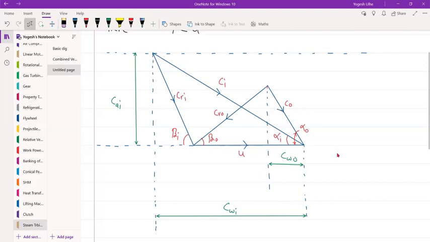See here, everyone, try to see my point. This CO has two components.